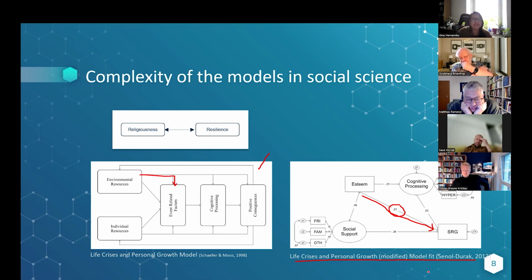What does a negative relationship mean? It means that if one variable goes up, the other one goes down. So they go in different directions. If one goes up and the other one also goes up, this is a positive correlation, okay?